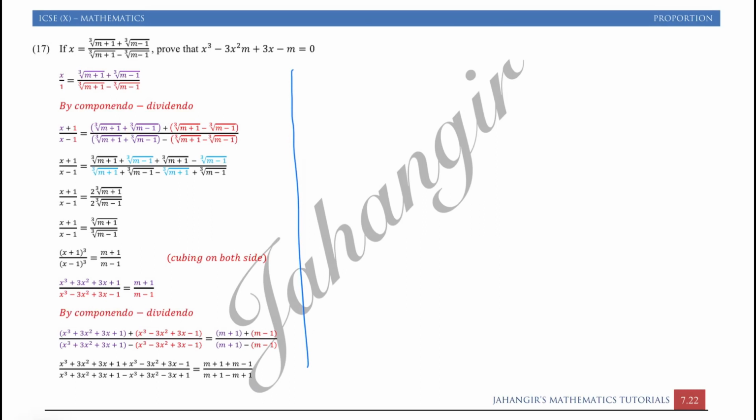Next question. This is an important question. It's related to cube. Till now whatever sum we did, there was a square in it, but here we have cube. So in this question we have x upon 1 is equal to cube root of m plus 1 plus cube root of m minus 1 whole upon cube root of m plus 1 minus cube root of m minus 1.